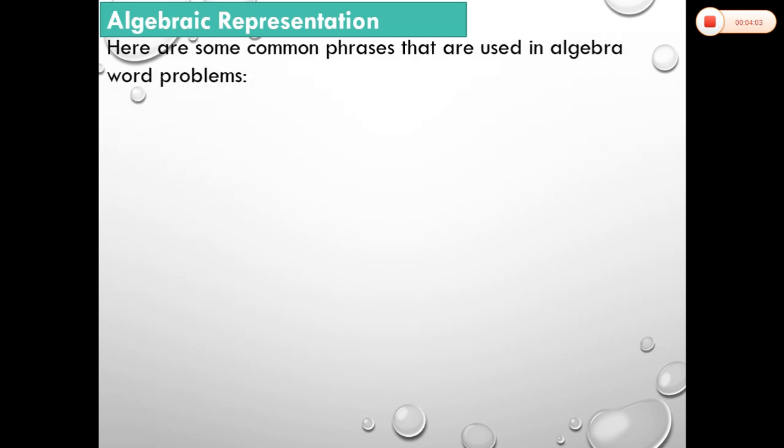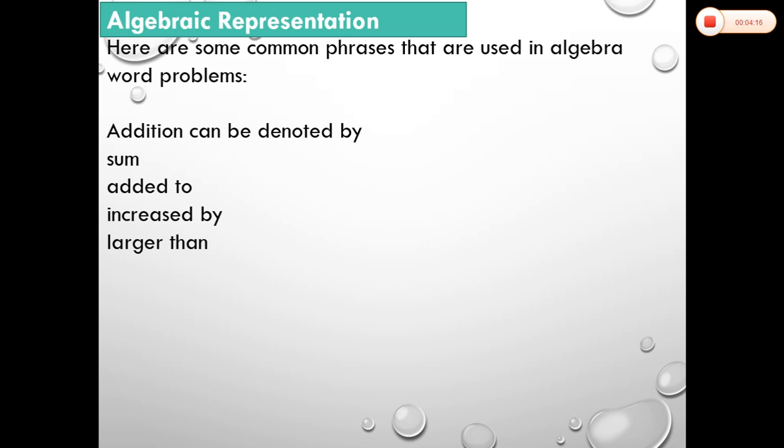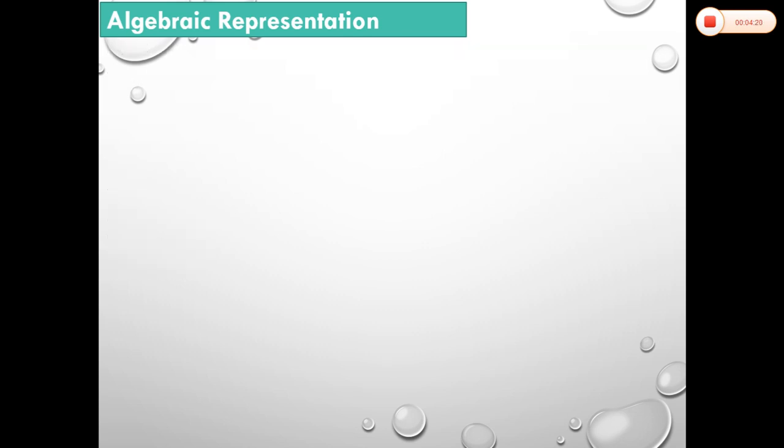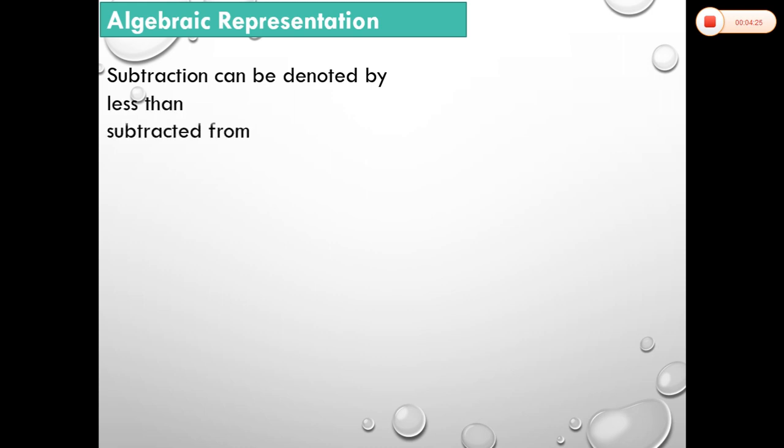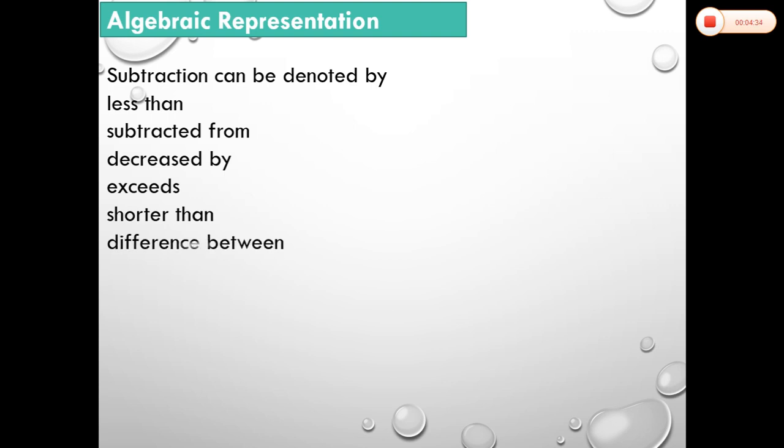Here are some common phrases that are used in algebra word problems. Addition can be denoted by the sum, added to, increased by, larger than, more than. Subtraction can be denoted by the words less than, subtracted from, decreased by, exceeds, shorter than, difference between.